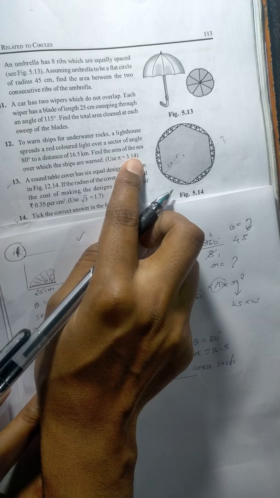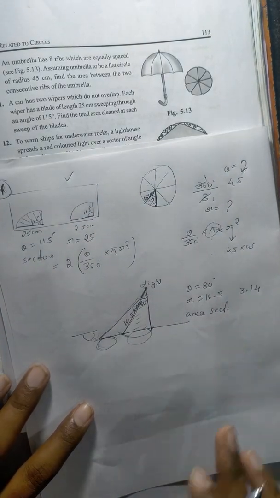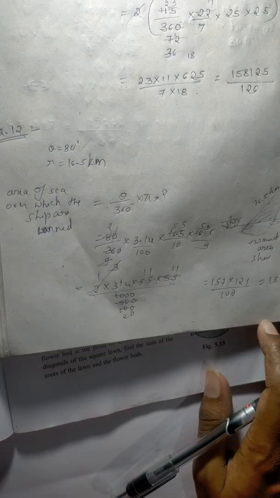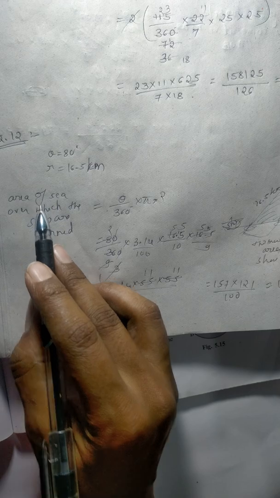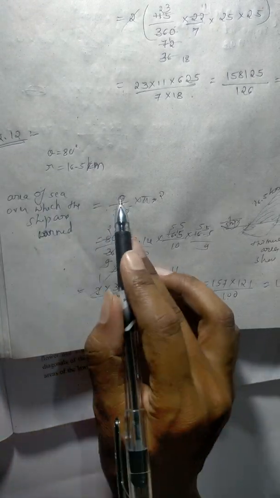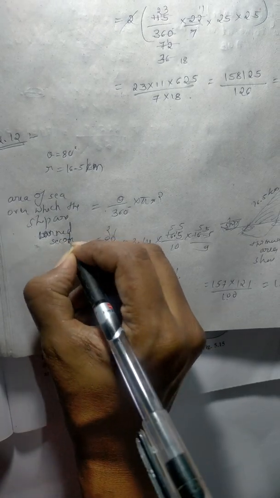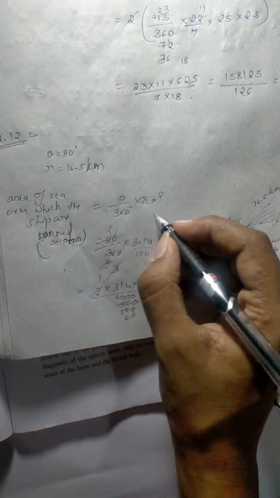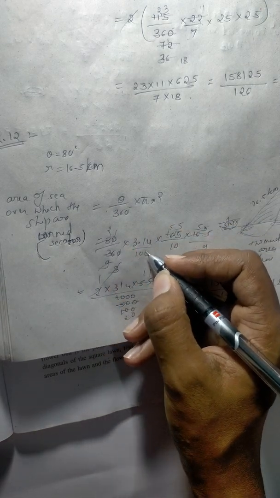So use the pi value as 3.14, substitute in the formula and calculate. Same diagram, by using theta 80, radius 16.5, area of the sea over which the ships are warned: area of sector, theta divided by 360 pi r square, 80 divided by 360, 3.14. I have multiplied here only, divided by 100 directly.